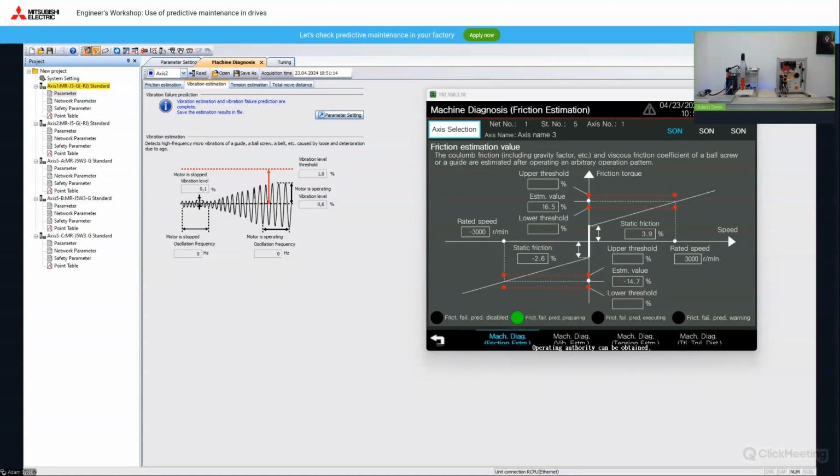So now I turn the axis on, and we can see that this estimated value of the dynamic friction is going a little bit up. So from 15 it went to 17. So it may indicate that something changed in this application.